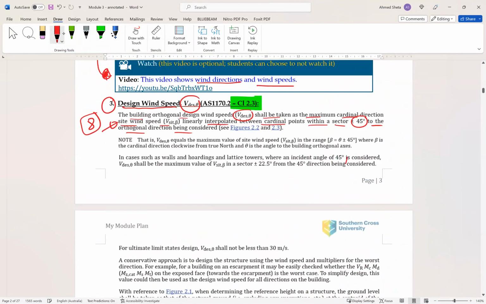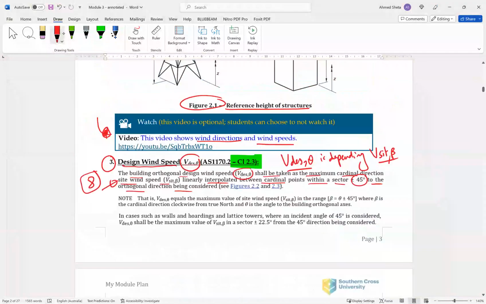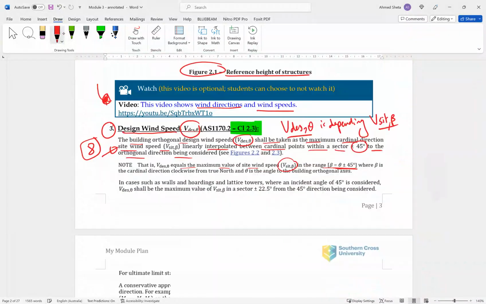So the V design theta depends on V site. V design, or design wind speed, depends on the site wind speed, which is the maximum of the 8 wind speeds. We have to note that V design equals the maximum value of site wind speed in the range of beta from theta plus or minus 45.